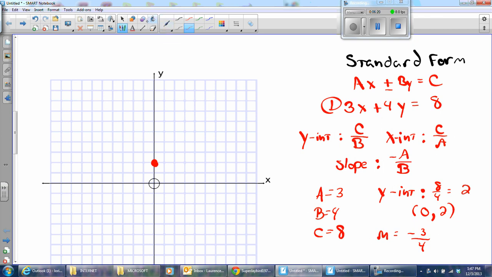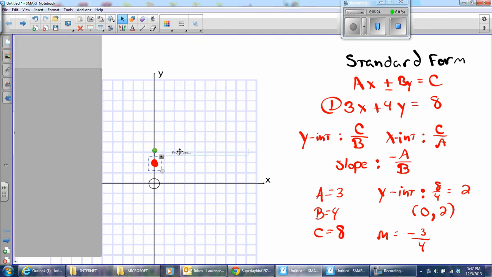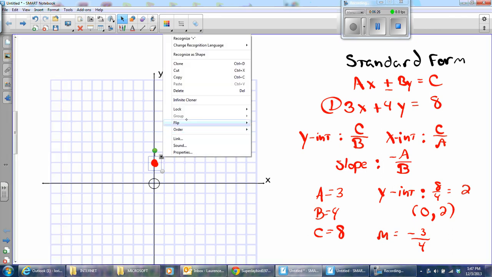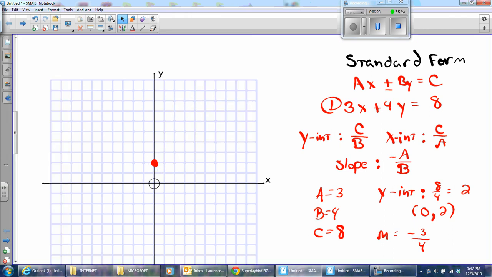There's my y-intercept. And I keep doing that. I'll go rise -3 and run 4. Or I could have gone up 3 and gone 4 in the negative direction, and I get the same line.